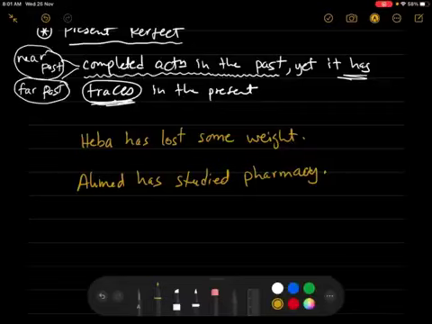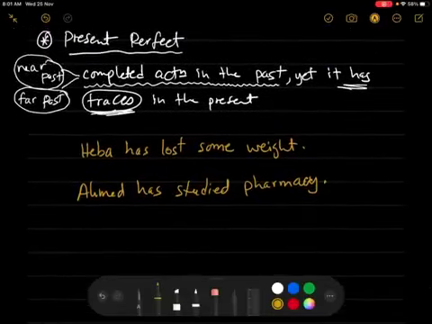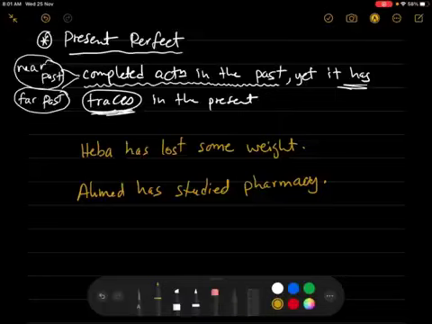Maybe he has some information about drugs and he can prescribe some OTC medications. So when we use present perfect, we want to tell people that the action was completed in the past, but it has traces in the present.